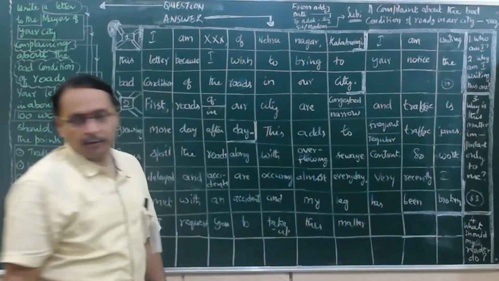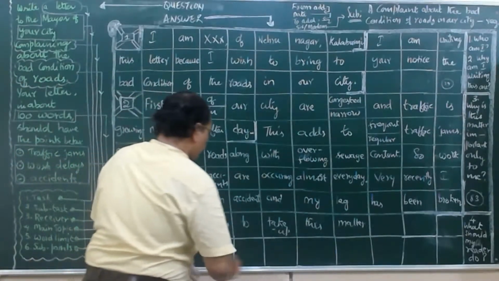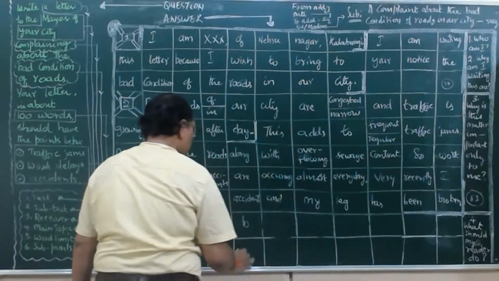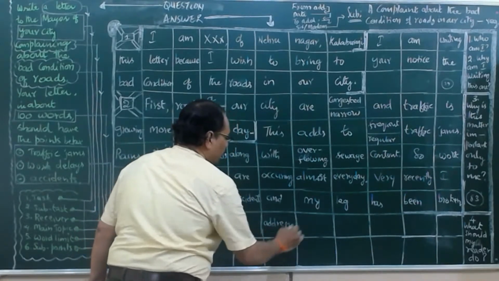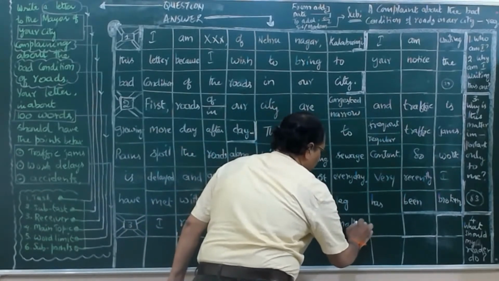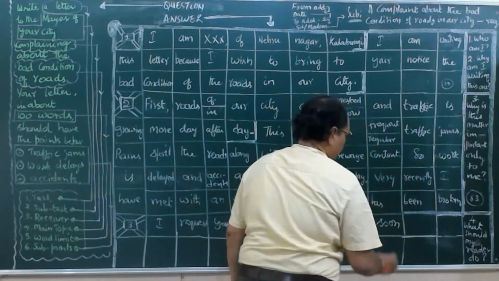Or you can also write it this way. Instead of writing, I request you to take up this matter, you can condense it and write, I wish you to address the matter soon.